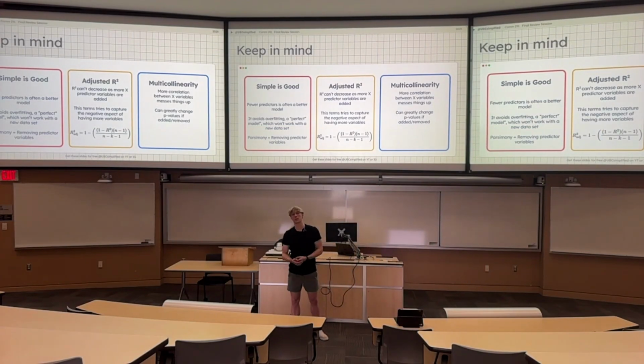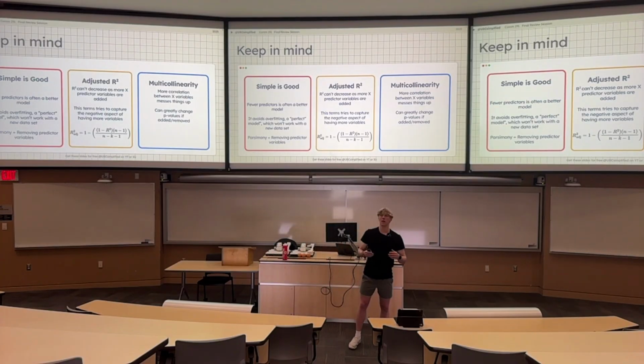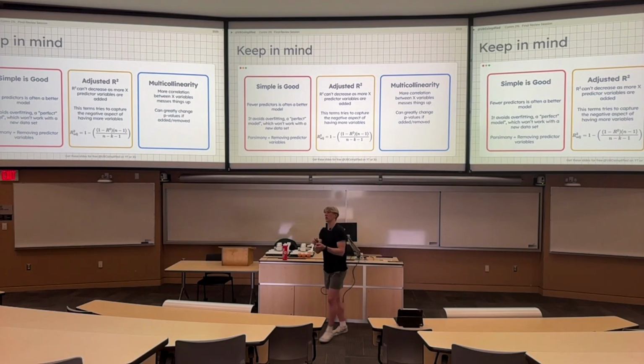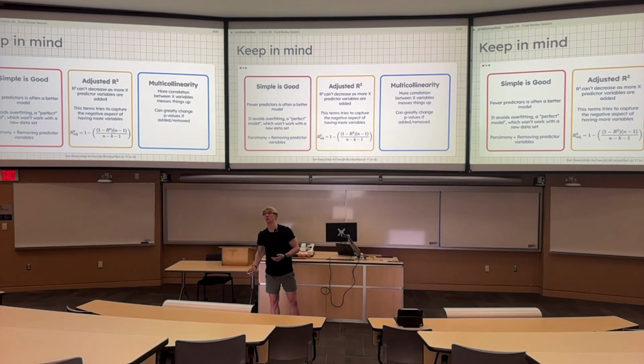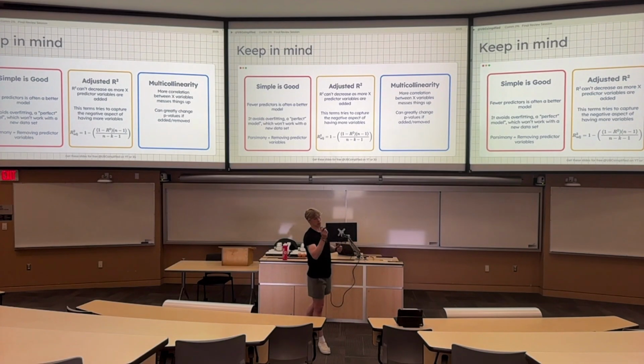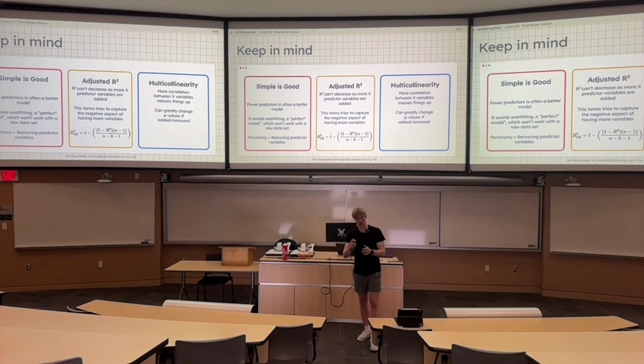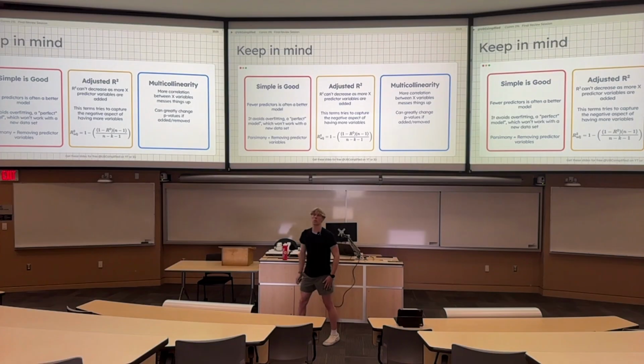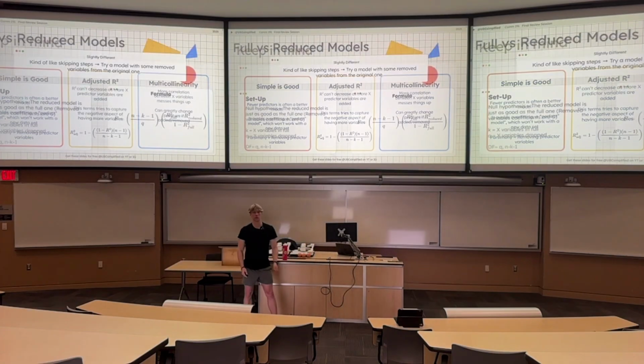It's capturing the negative aspect of adding more variables, because that leads to overfitting. And the last thing is, if there's a large correlation between some of the predictor variables, they can have large swings in their p-values once added or removed, from like 0.6 to 0.05 or vice versa. So just a few things to keep in mind regarding multiple regression.